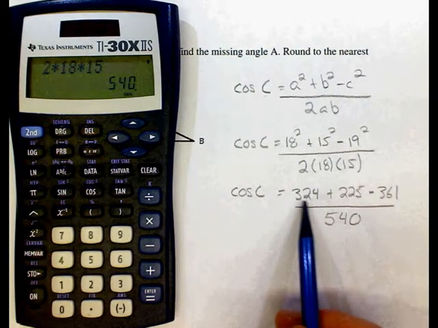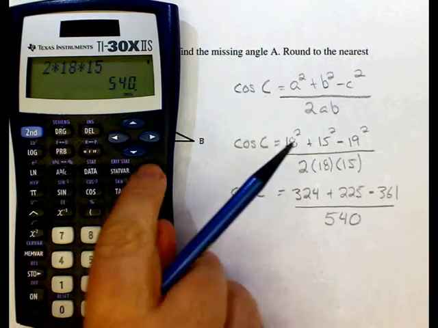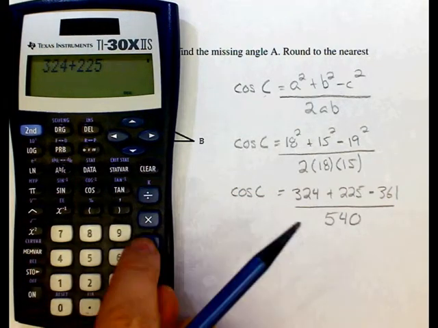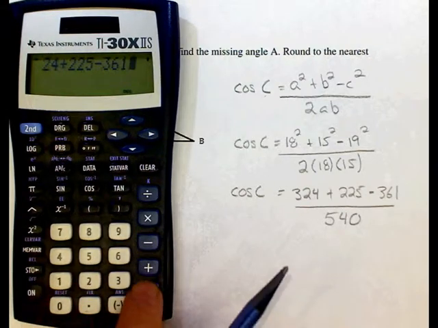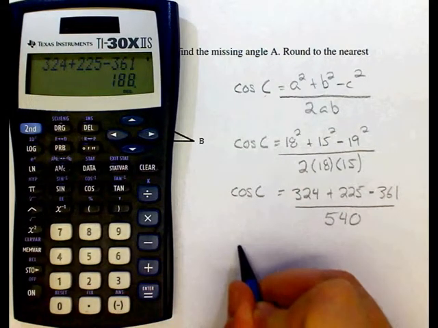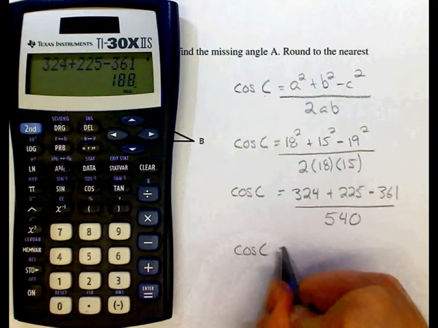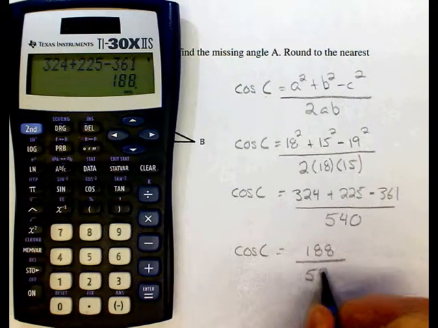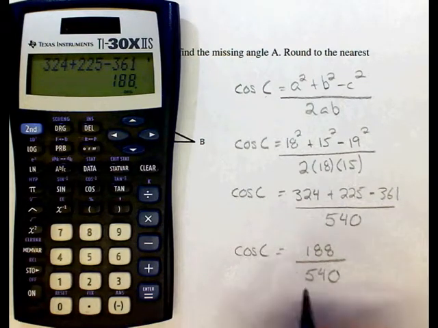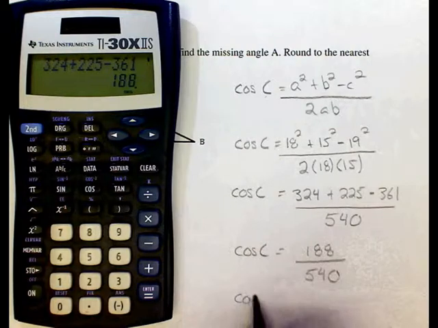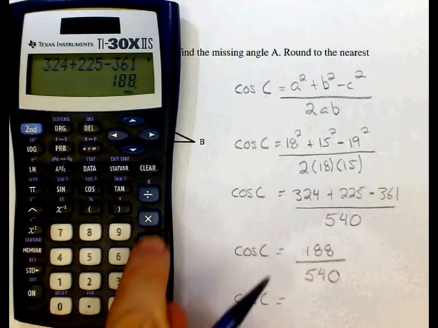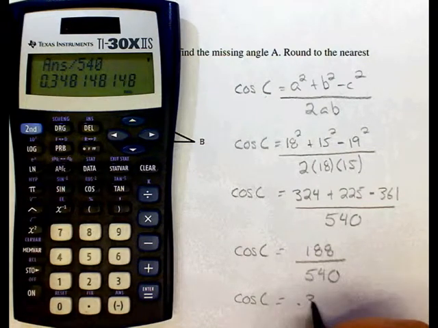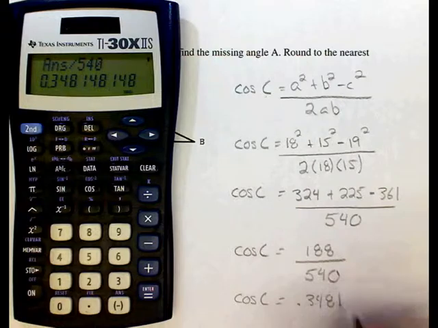What I'm going to do is solve for my top. 324 plus 225 minus 361 is 188. So the cos of C is 188 divided by 540, which gives me 0.3481.